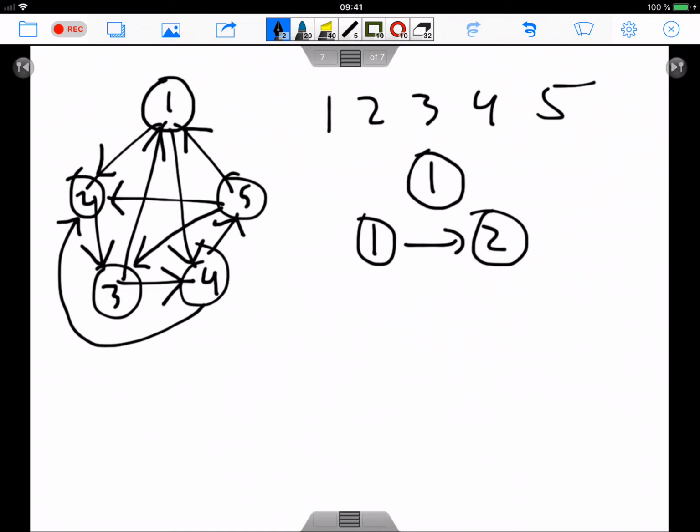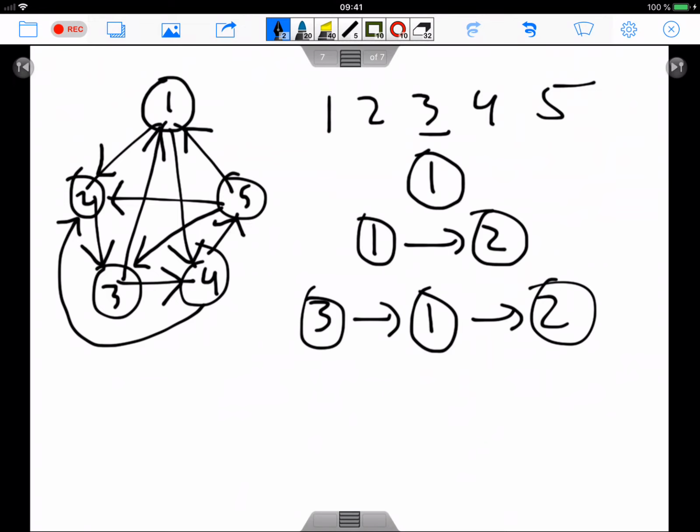Okay, now we try to see if we can insert 3 before the first vertex in the path that we are creating. And since we have an arrow from 3 to 1, we can do that. We can go from 3 to 1 and then to 2.